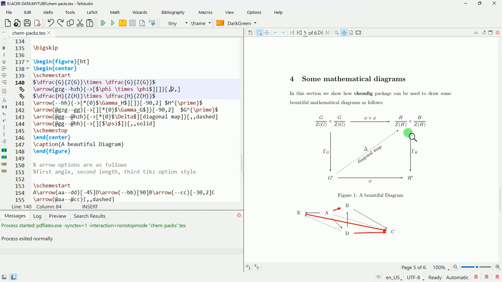Now for this arrow, only the range HH is written. That means for this one I have written HH, but HZH is already there. We have already named it, so no need to name it once again here. That's why before this hyphen there is no name. Actually this arrow is starting from this one, but this name is already given here as HZH, so no need to use it.